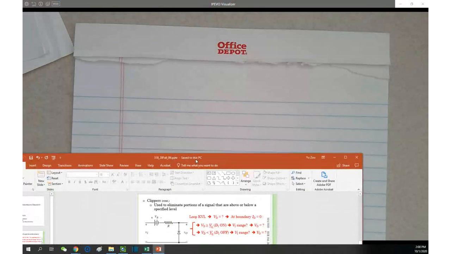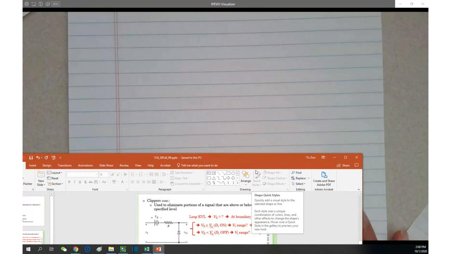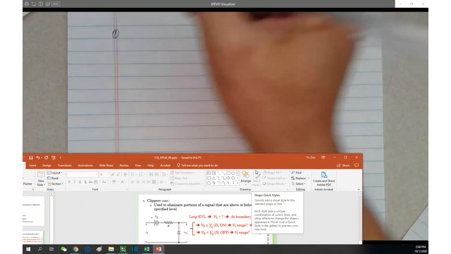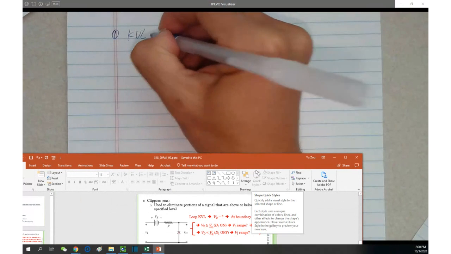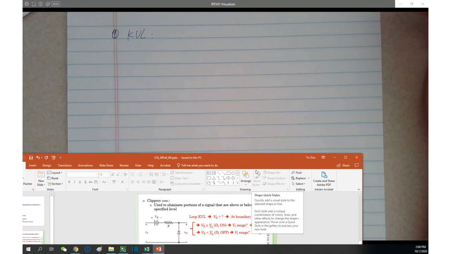Place it here once again, and let's do the first step. Once again, the KVL inside of a loop. What is it?